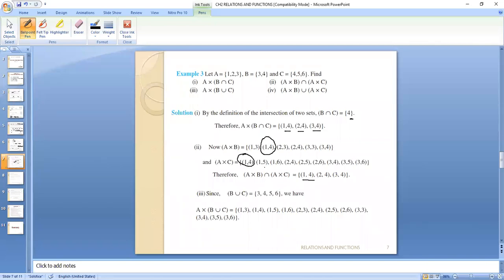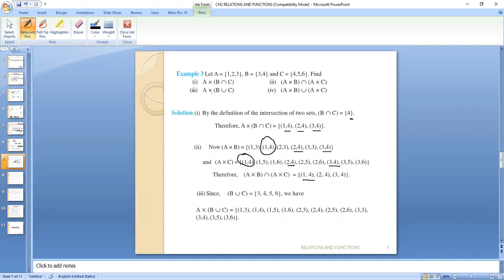Then (2, 3) is not common, but (2, 4) is, so (2, 4) is the second common element. Then (3, 3) is not common, but (3, 4) is, so (3, 4) is the third common element. So the ordered pairs (1, 4), (2, 4), (3, 4) form the set that is the answer for this question.